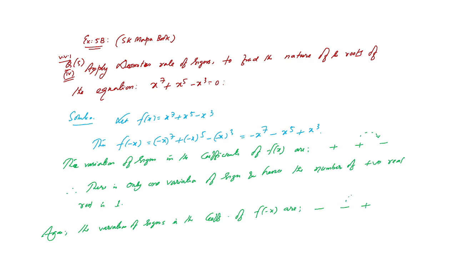There is only one variation. So again we can conclude there is only one variation of sign, and hence the number of negative real roots is again exactly 1.